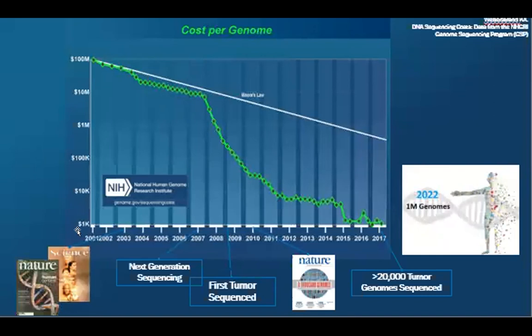The cost of a genome in 2003 was about $100 million. In 2017, it is as low as $1,000. That tells us that with advancement in computers, we can do dry analysis, having data and information, and doing our sequencing as much as possible to have good interpretation when it comes to dry research.